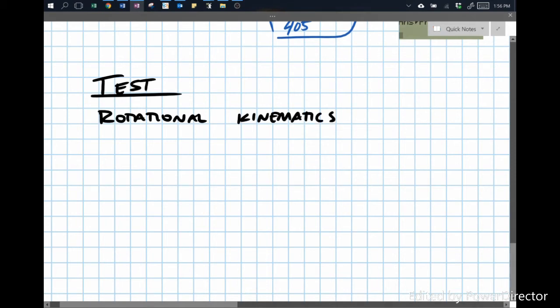So we're going to do rotational kinematics, and we're going to do moments of inertia. Rotational kinematics, we're going to go from the linear stuff, x, v, and a, to the rotational stuff, theta, omega, which is not a w, and alpha.